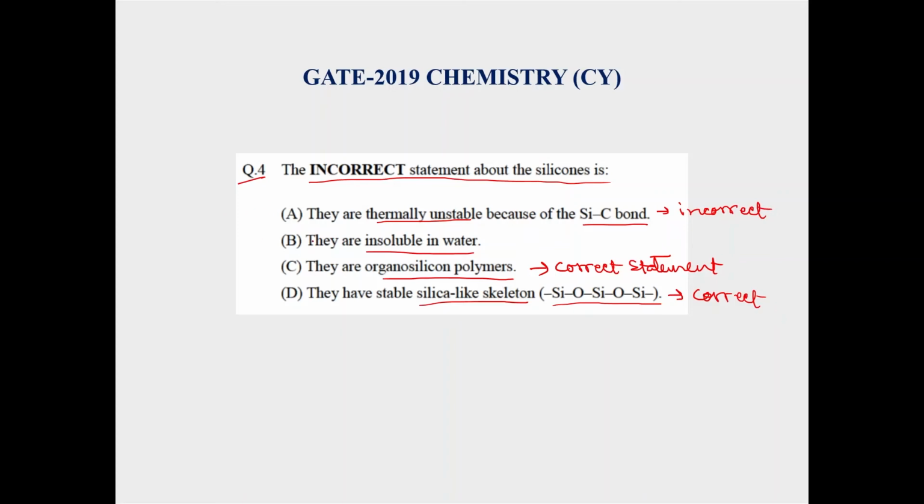Now, option B, that is, they are insoluble in water. This is the structure of silicone. Here we can see that the skeleton is Si-O-Si, but each silicon is coordinated to two aryl or alkyl groups, which are hydrocarbons.